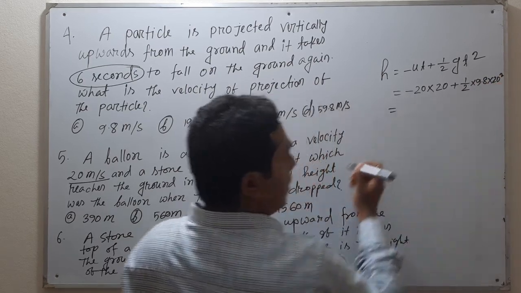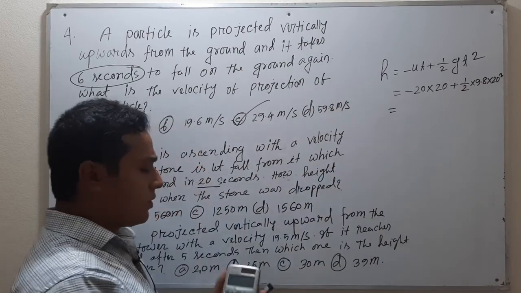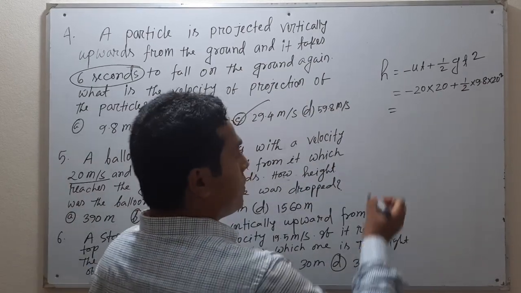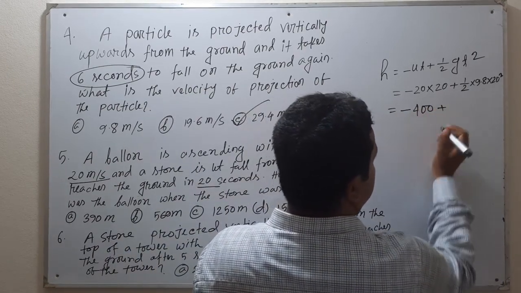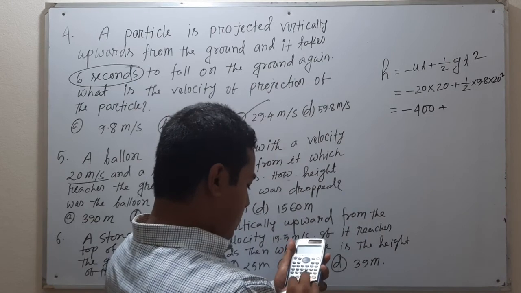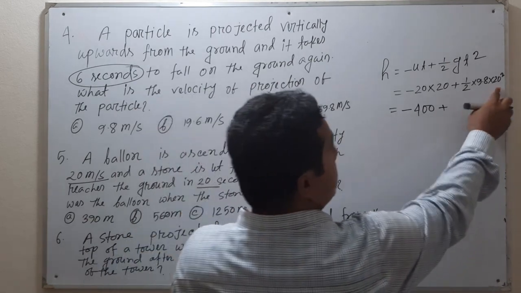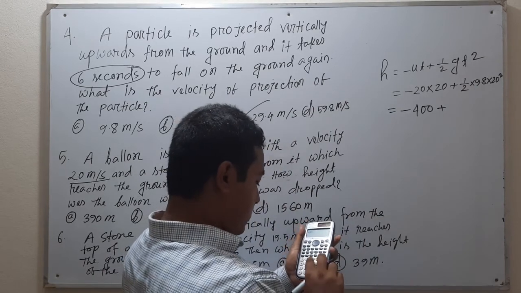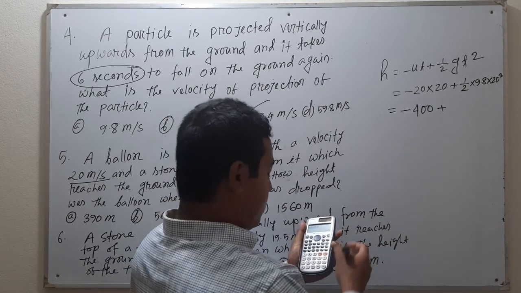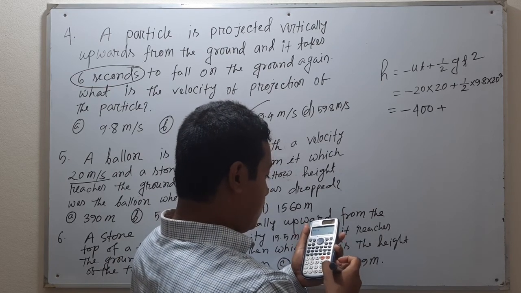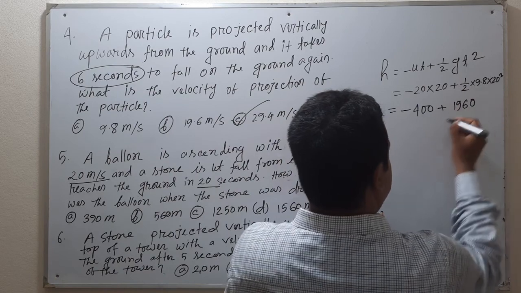Okay, now for the calculation, h is equal to minus 400 plus 400 into 9.8 divided by 2, which is 1960.